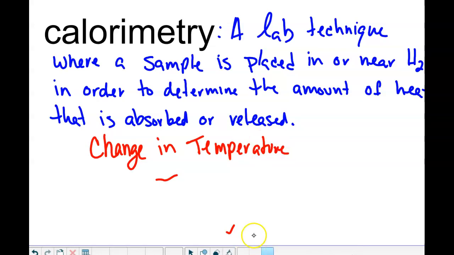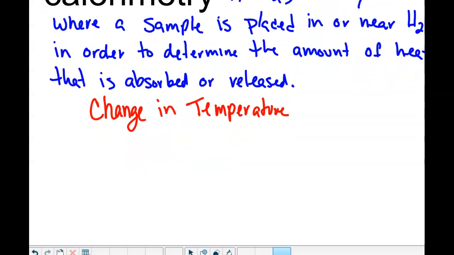All right, so we're always going to have a change in temperature whenever we have a calorimetry problem. And we're going to use the equation Q is equal to the mass of the substance times its specific heat capacity times its change in temperature in order to determine the amount of heat.